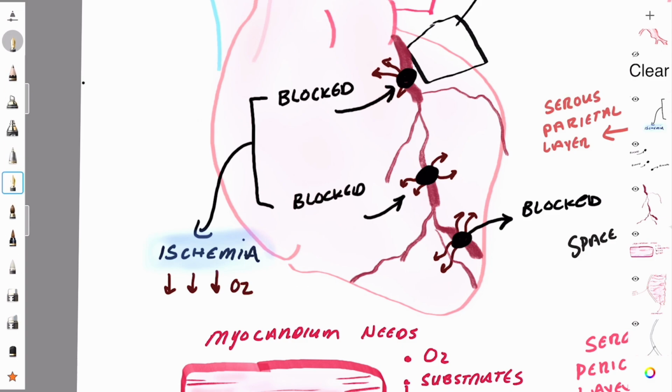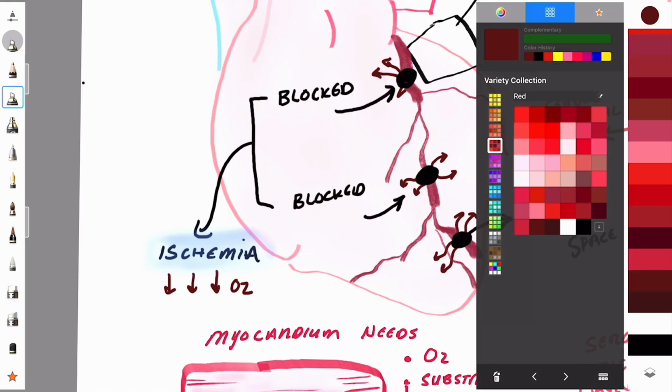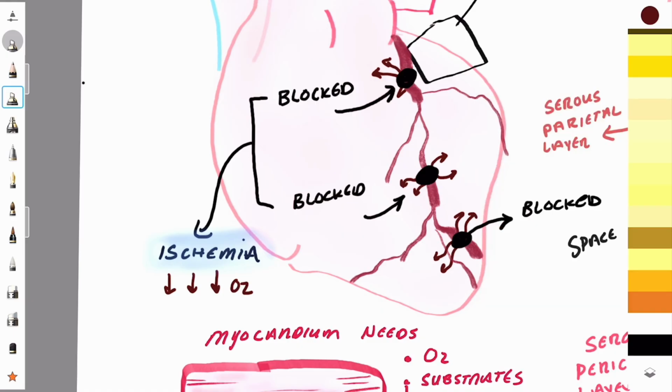Well, let's just beat a dead horse. If we have, let me go to yellow, if we have a blockage here, well then all of this tissue here is going to be deprived of oxygen. All of this, right? And all of this tissue here will now start to go through ischemia and cell death.